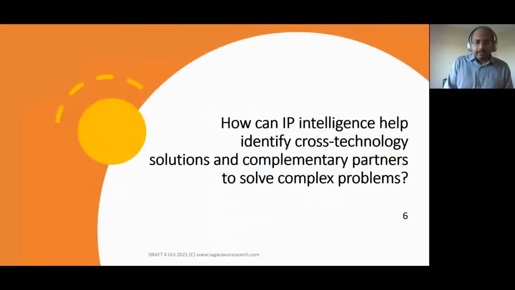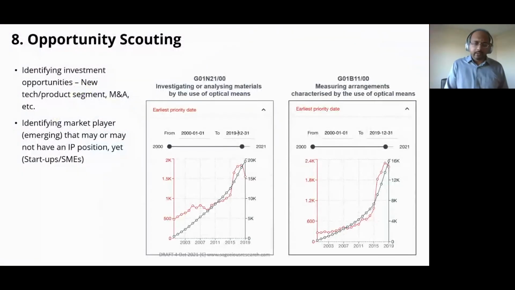So with that, I think I've already covered a lot of ground. I'll probably just talk about one more, and this is more from the end user perspective. Where you are looking at technology players or identifying investment opportunities in technologies or products related to your industry, patent data could also give you information around rising trends in certain domains.